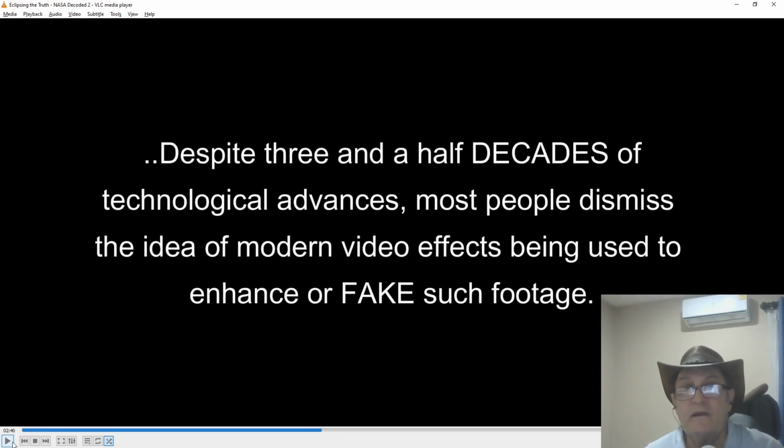Yes, the reason why we dismiss the idea that modern video effects are being used is because it's a preposterous idea mainly, and there are other technical reasons, like it would be almost impossible to generate the volume of videos that appear today with CGI, and what would be the point?